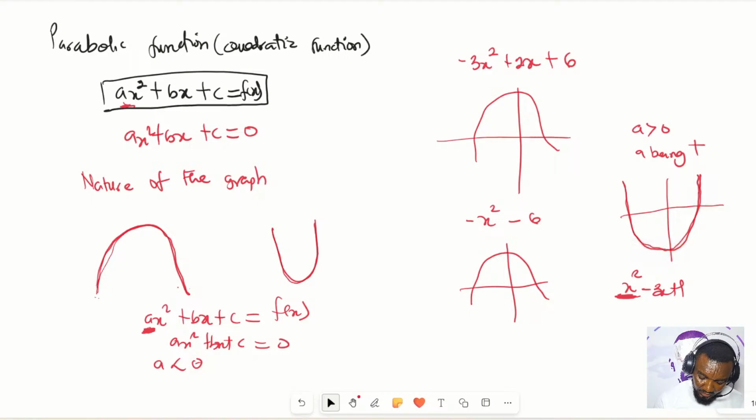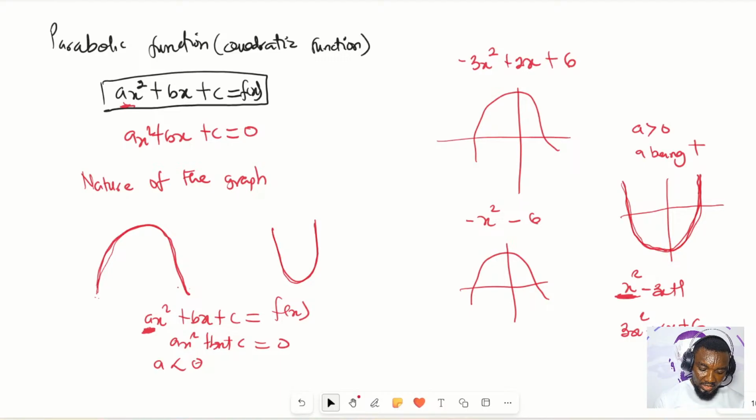And then when the coefficient of the x squared is positive, like 3x squared plus 2x plus 6, the graph is also curved like this. So that is the nature of the graph for these type of functions.